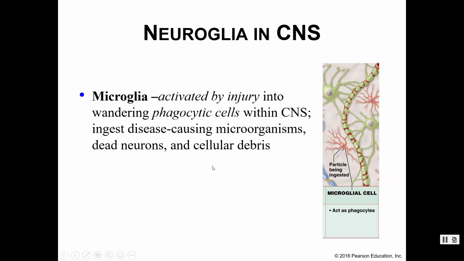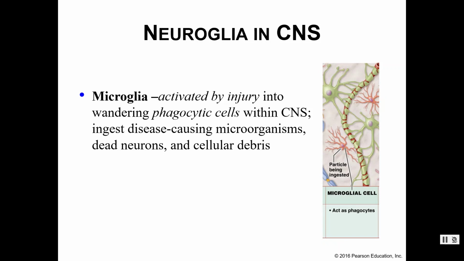Okay. Microglial cells. These are activated when you have injured your nervous tissue. They become phagocytes. They ingest a couple of things: disease-causing microorganisms, dead neurons, cell debris, things like that.